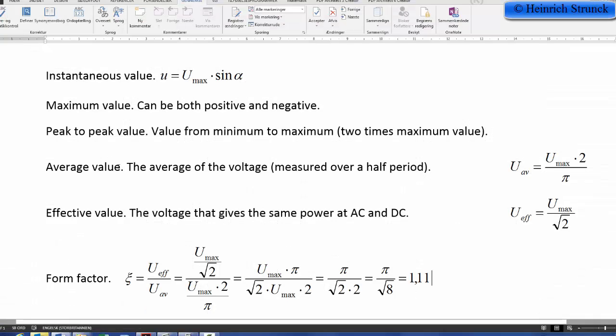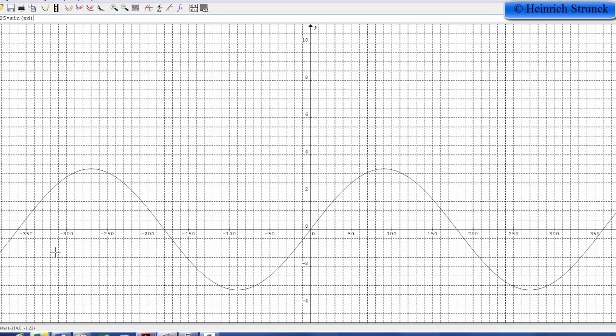Then we got the average value, and that's the average of the voltage, and we measure only over a half period. It is because if we take the average of one complete period, we can see this area is the same as this area. So actually the average value over a complete period is 0.